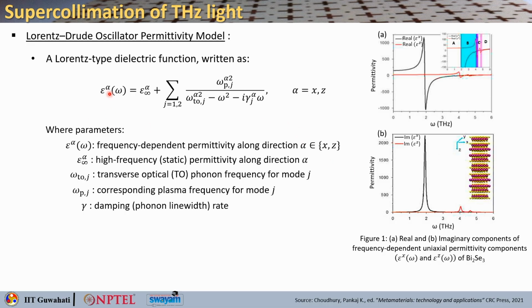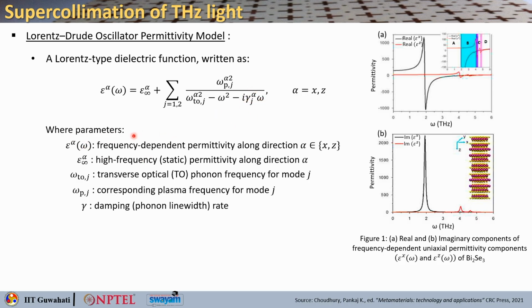So, epsilon alpha omega equals epsilon infinity alpha plus summation over j 1 comma 2, these are the two modes, okay. And then you have omega p alpha square j divided by omega alpha toj whole square minus omega square minus i gamma j alpha omega.